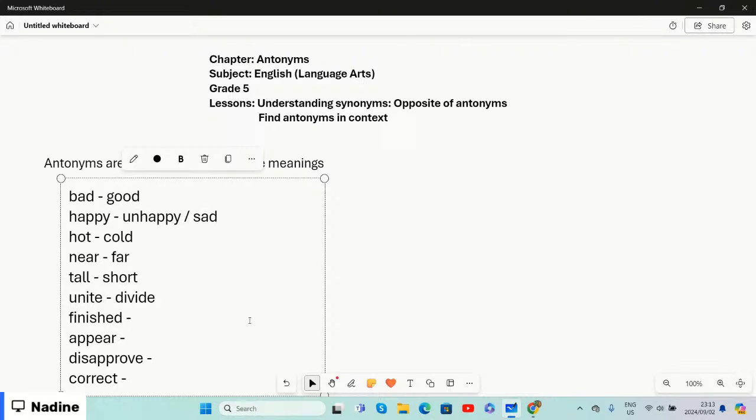Finished. The opposite of finished is unfinished. Appear, and then we disappear. To disapprove of something. What is the opposite of disapprove? What is the opposite of not approving something?